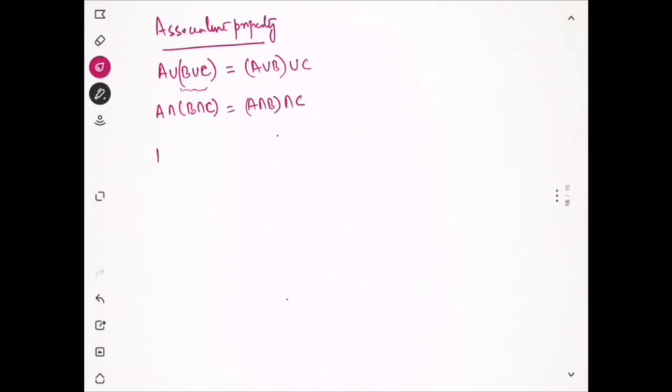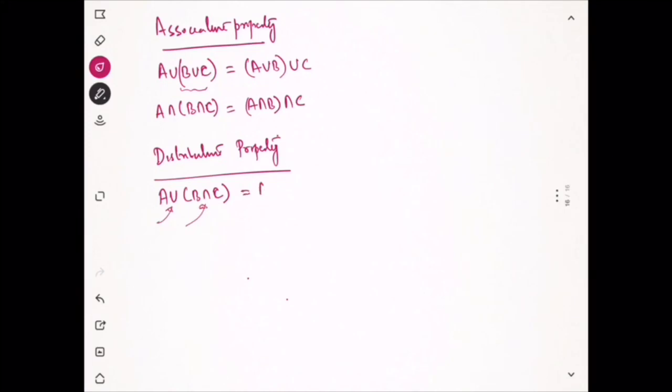And another one is the distributive property. The distributive property is described as A union B intersection C. You can see here we are having both union and intersection.